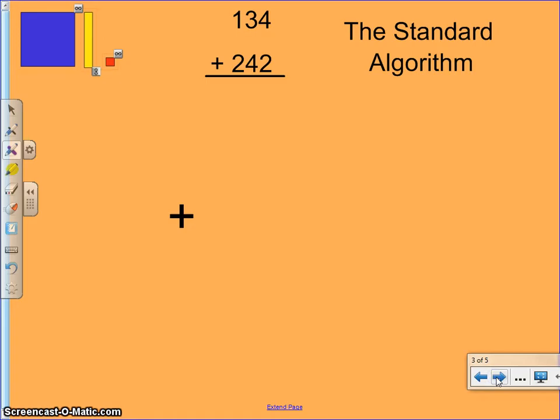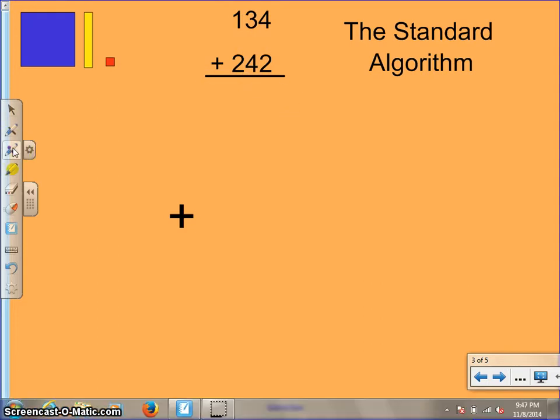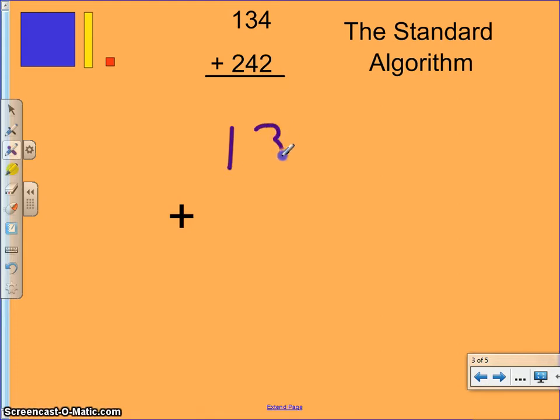Now here's the method we call the standard algorithm. That's when we basically do the same thing without expanding. I'll show you what I mean. You take 134 plus 242.